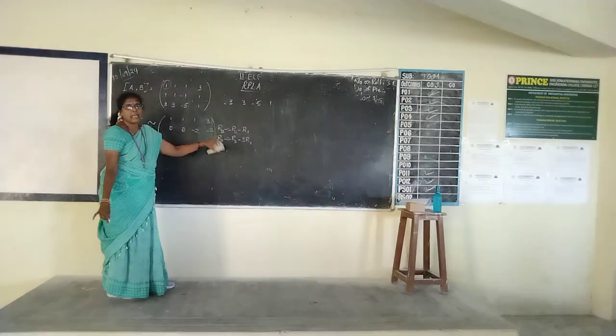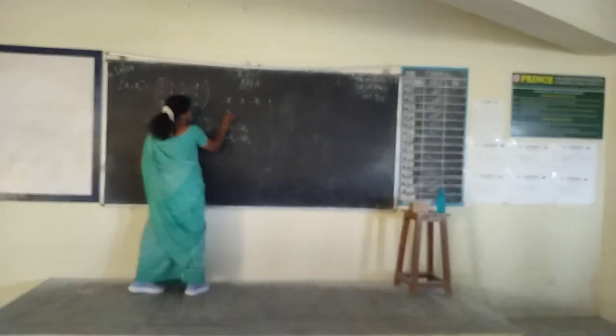Multiply the first row by 3. So you get 3 3 3 and 9. Subtract. What is the answer? 0 0. Minus 5 minus 3 will give you minus 8. 1 minus 9 will give you minus 8.